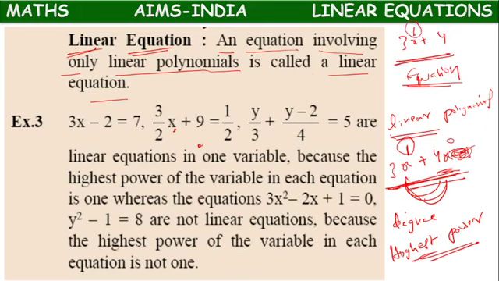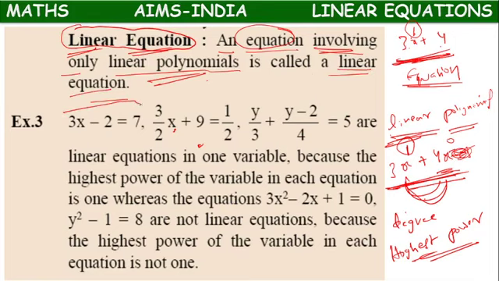So its degree is 1. If the degree is 1, that expression is called a linear polynomial. So 3x plus 4 is a linear polynomial. But now they are asking about a linear equation. A linear equation is an equation involving linear polynomials.